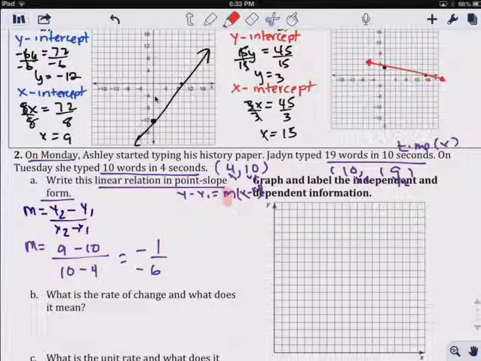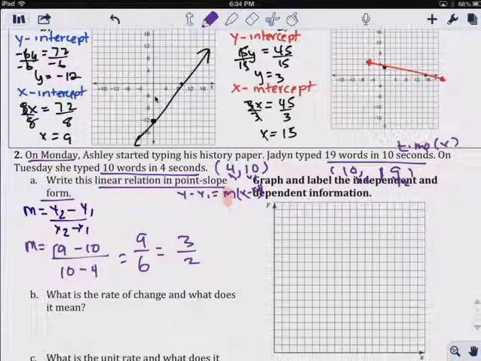There's something wrong. It's 19. See? Thank goodness, guys. I thought that 1 was a comma. Okay, that's 9 over 6. It's called the rate of change, or 3 over 2.